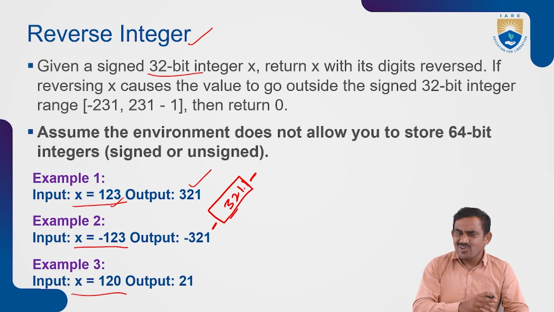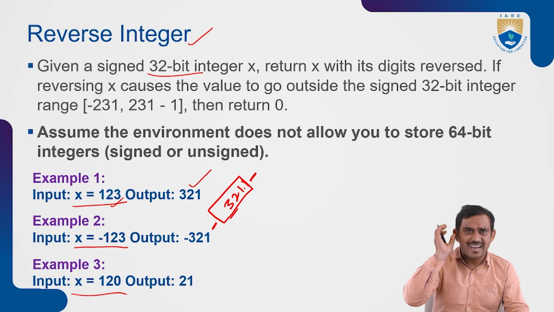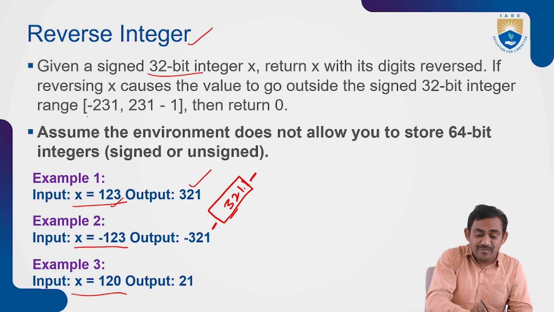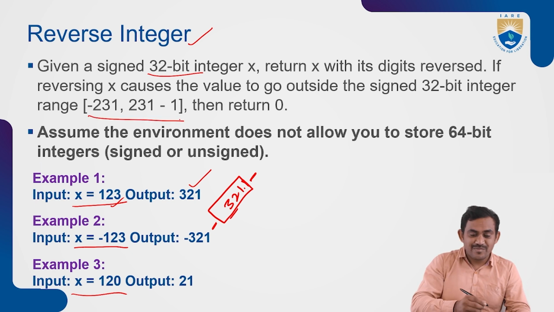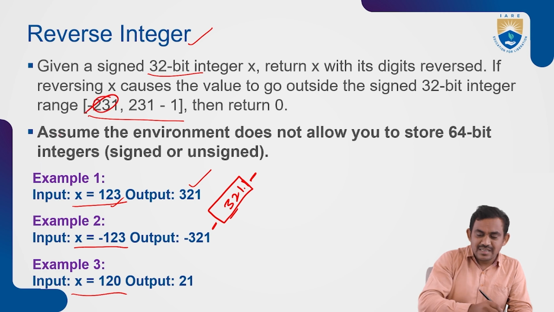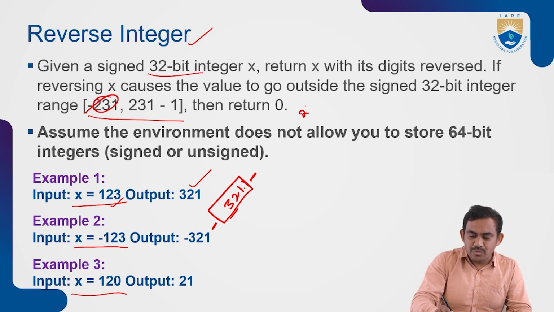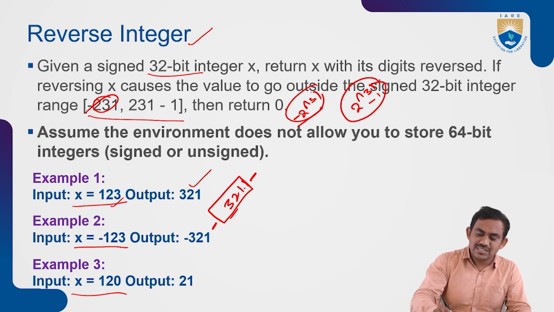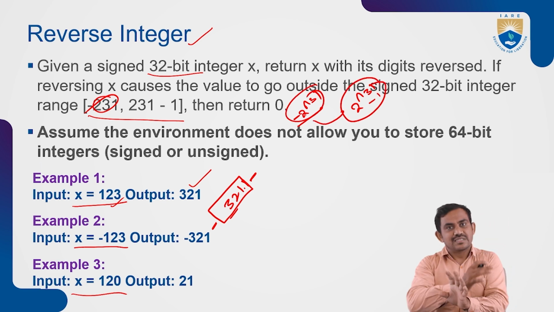Is that enough? No. He gave one more small masala, one more small condition. What is that condition? Your number range is 2 power 31, that is minus 2 power 31 to 2 power 31 minus 1. If the result is in this range, you can return the reverse.